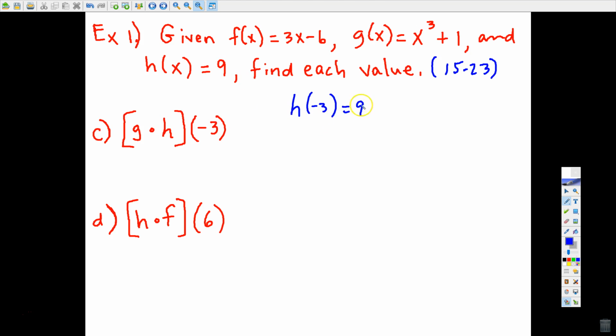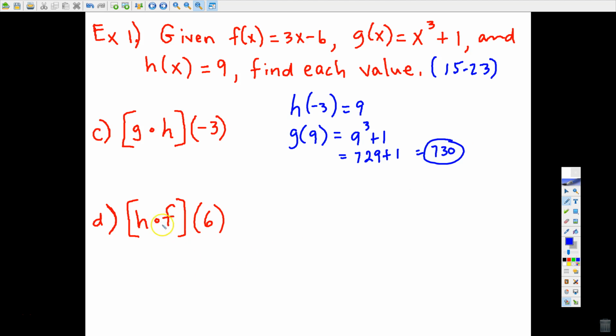Okay? Well, I take 9 now, and I use it as the input for the g function, and that's what we had previously. 9 cubed plus 1, we did that just a minute ago, 729 plus 1, which is 730.